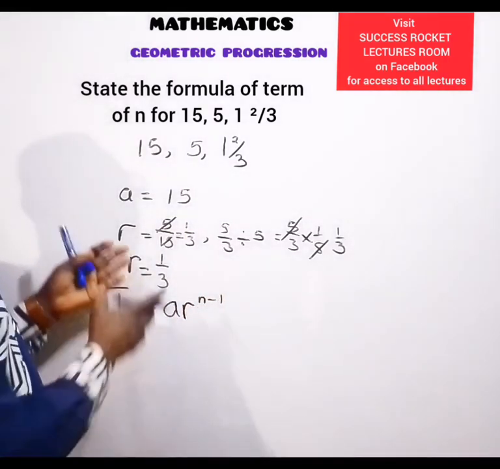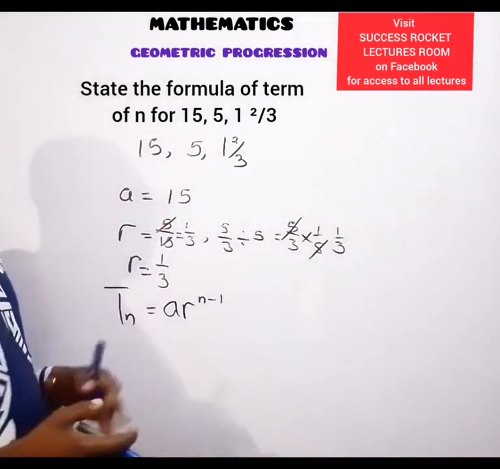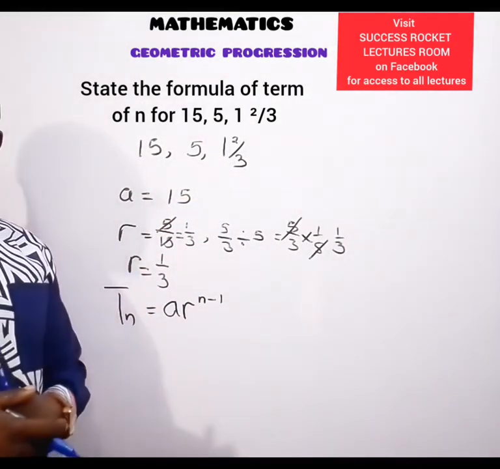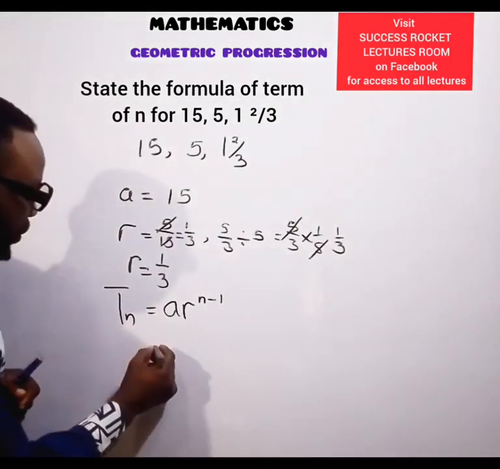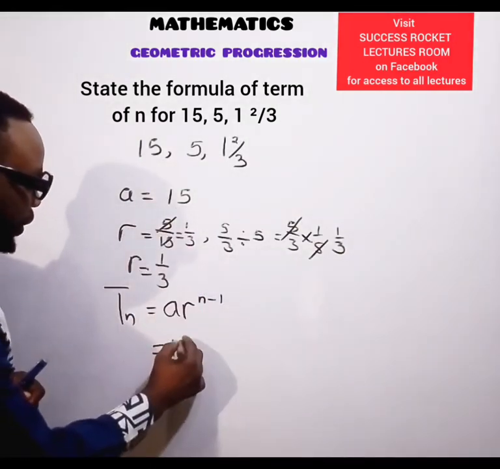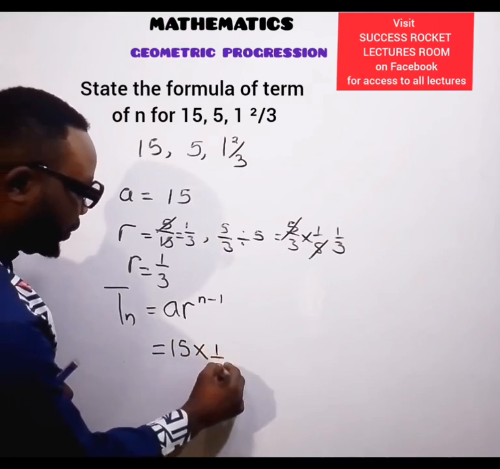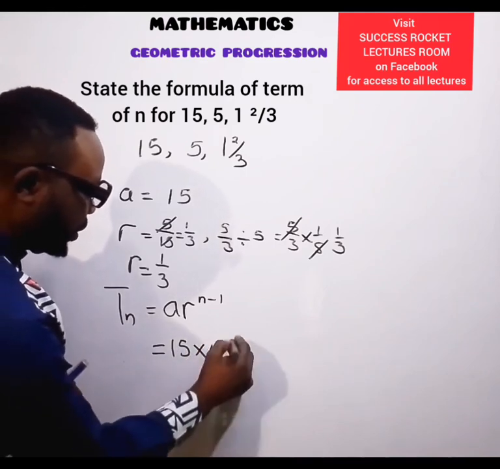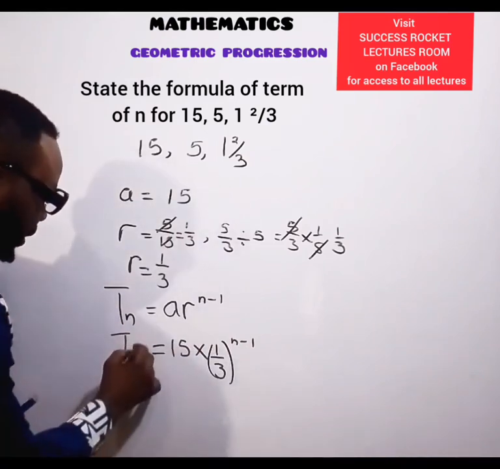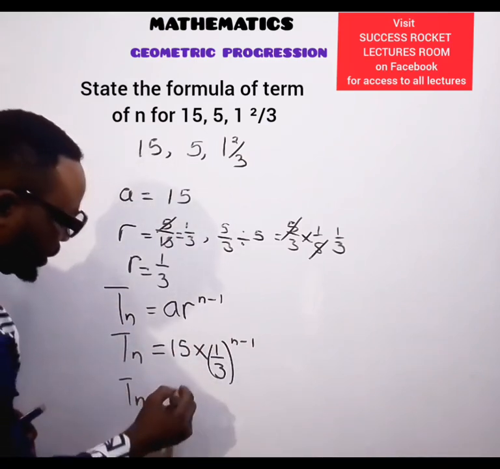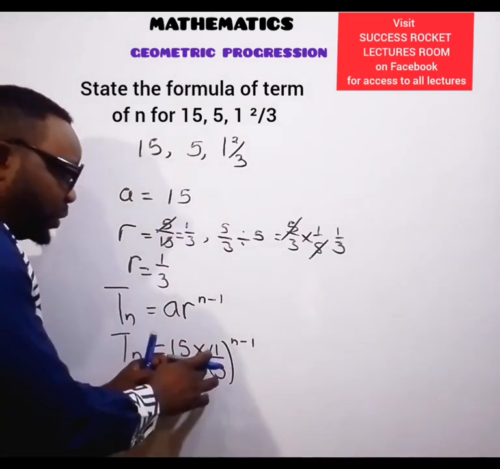Now, we have the value of our first term, which is A, and we have the value of our common ratio, which is 1 over 3. Now, we are going to have it to be 15 multiplied by 1 over 3 raised to the power of n minus 1.